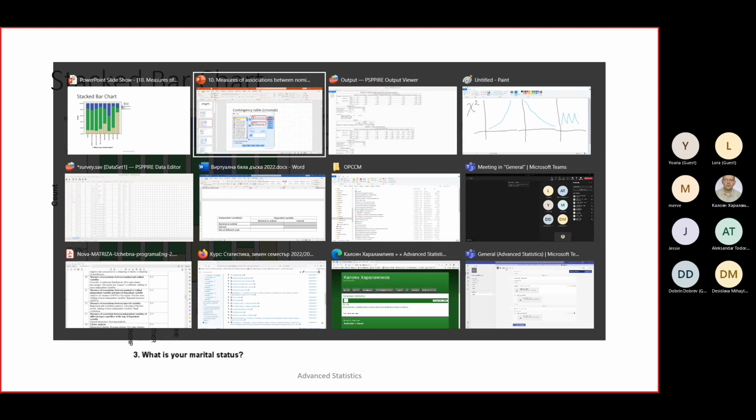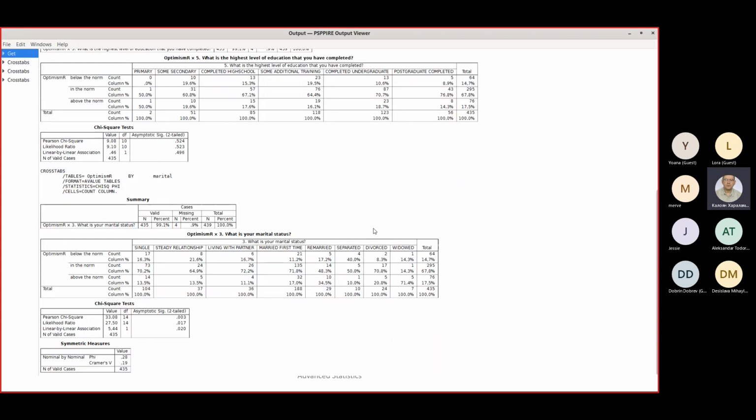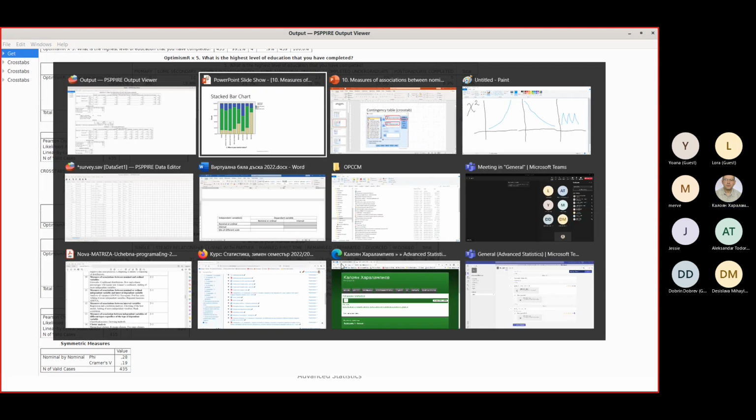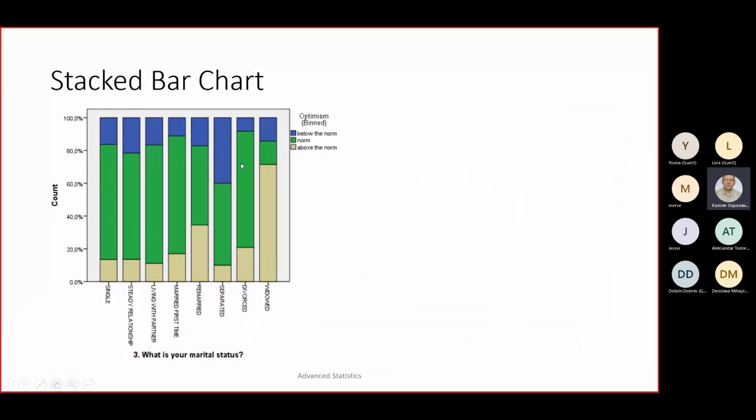I told you that, for example, in the group of separated, the percent of persons below the norm is the highest among all groups. Here in the chart, we can see the same: in the group of separated, this blue bar is the highest.